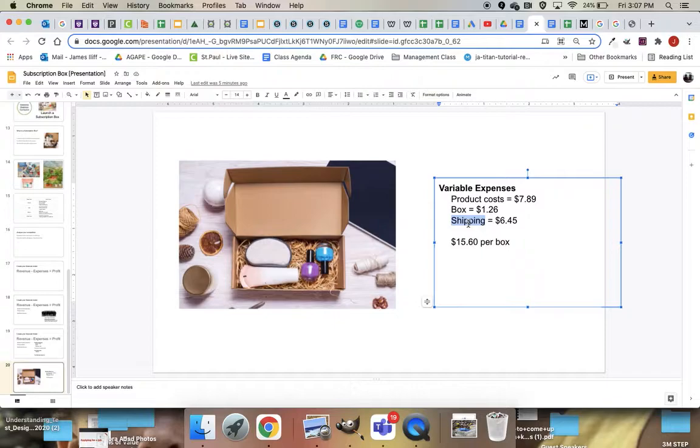Every time we ship a box, let's imagine that our shipping costs are $6.45. So for one box, if I add these together, $7.89, $1.26, $6.45, that sums to $15.60 of variable expenses per box.